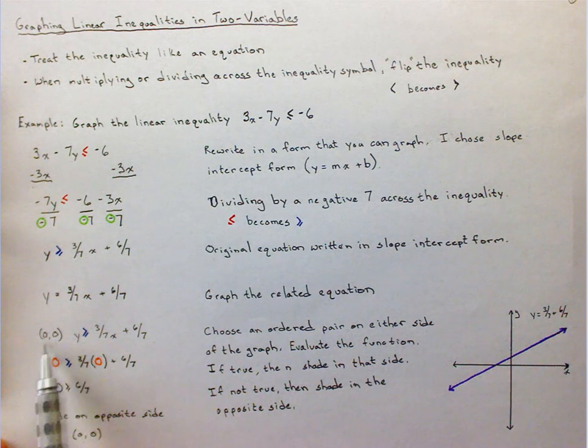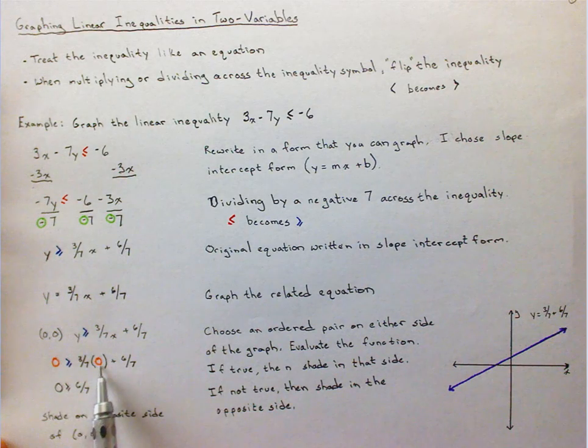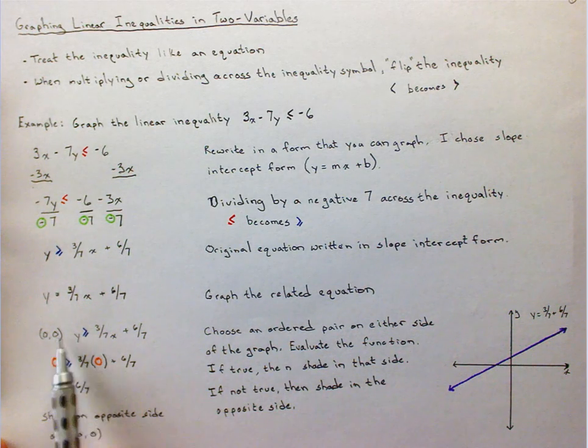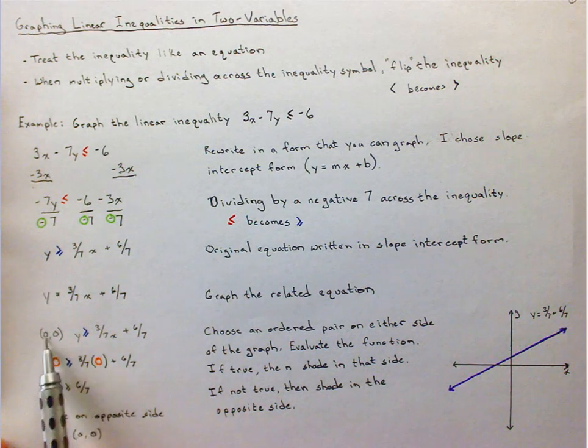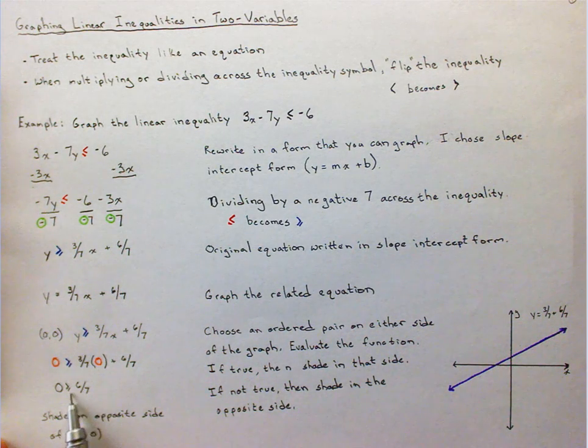So I plug in 0 and 0, x value and y value. Whenever I plug those in and solve, I end up with 0 is greater than or equal to 6/7. That is not a true statement. 0 is not greater than 6/7.